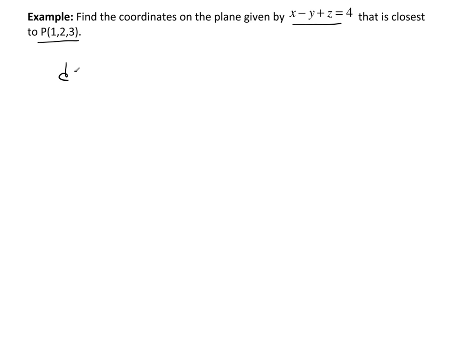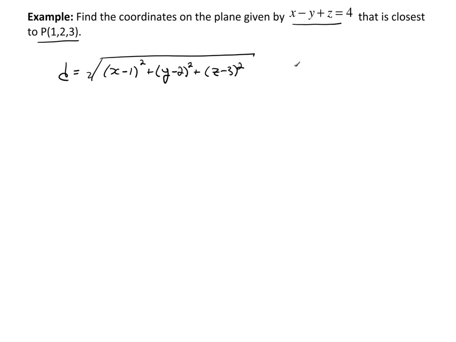So the distance is going to be equal to the square root of (x minus 1, there's my 1) squared, plus (y minus 2) squared, plus (z minus 3) squared.